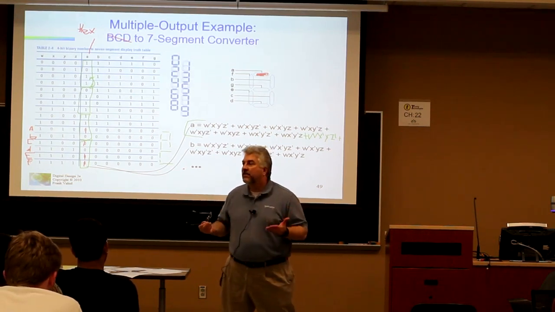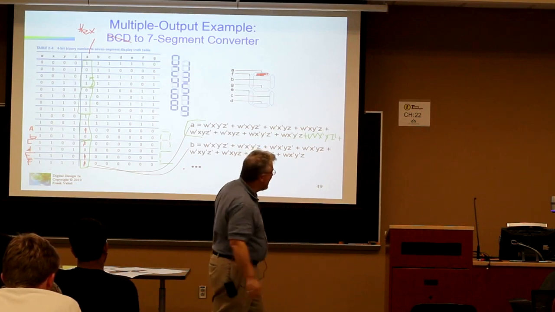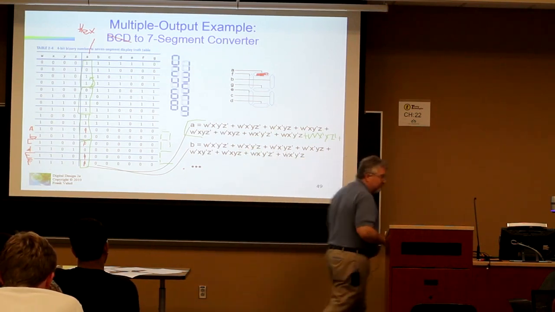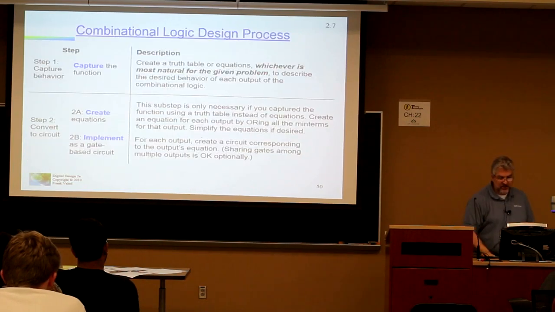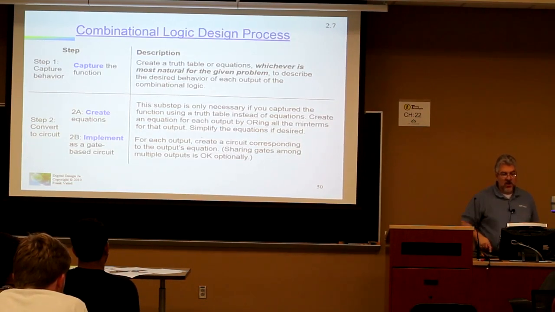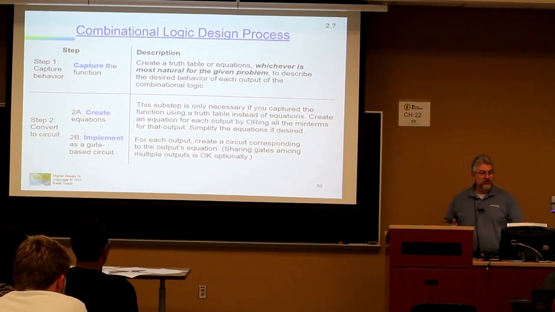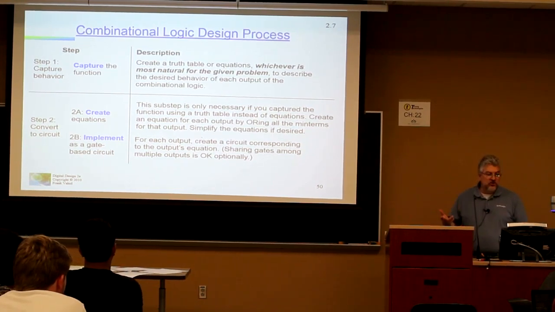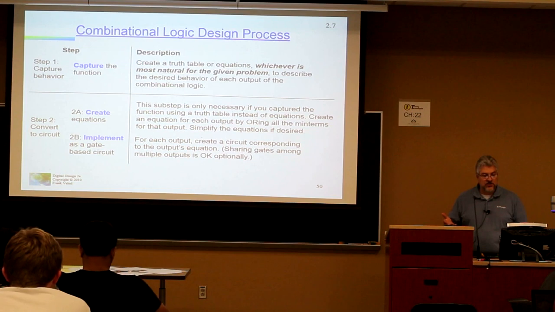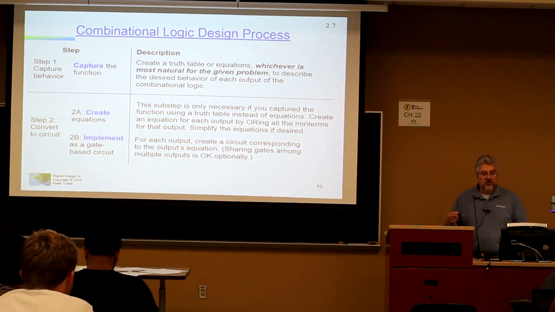Now, let's talk about how you would do a digital design. That's when we're talking about the design process. The first thing is to capture the behavior. Create a truth table or equations, the most natural for a given problem.